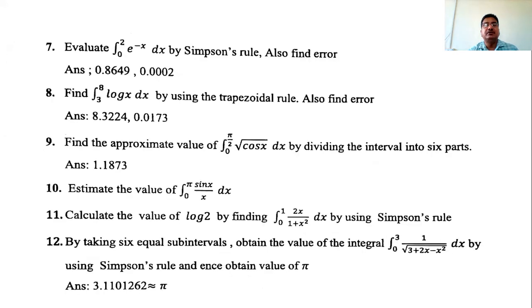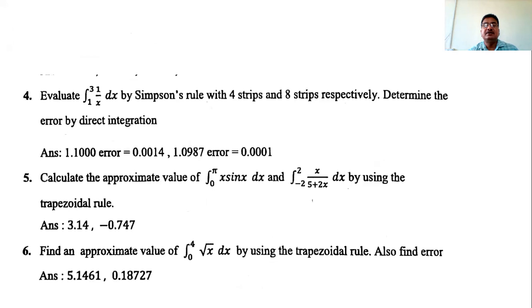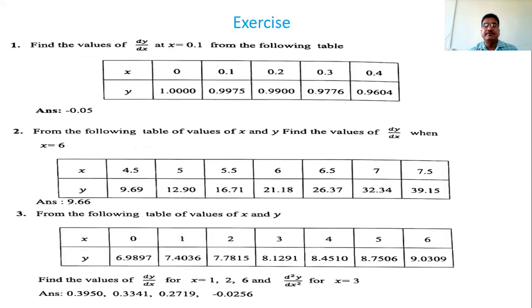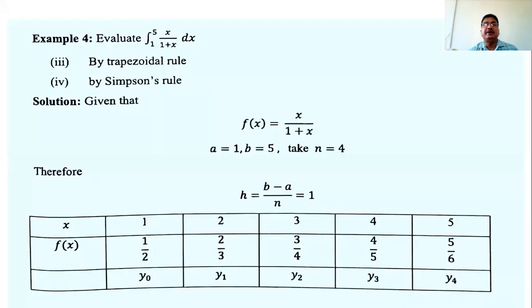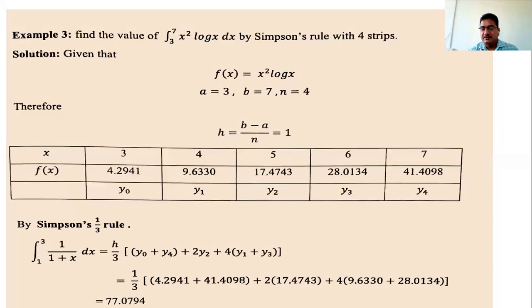The answer is that Simpson's 3/8 rule is not applicable if the number of intervals is 10, because Simpson's 3/8 rule is applicable only if the number of sub-intervals is a multiple of 3.